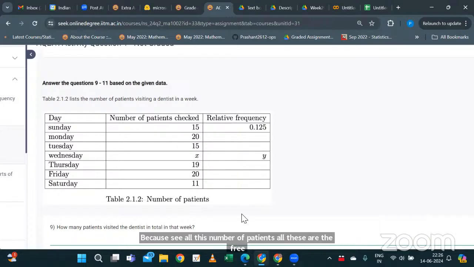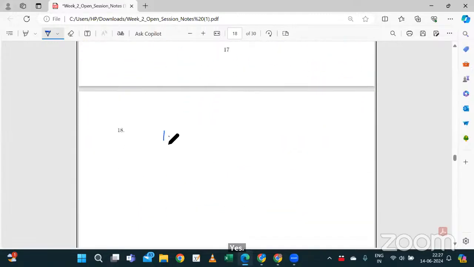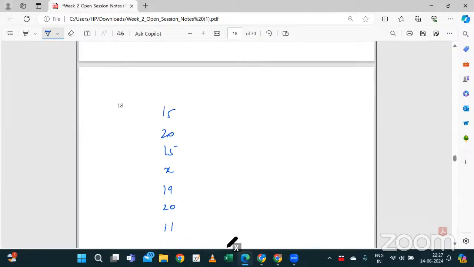Let me write so that I can explain clearly: 15, 20, 15, X, 19, 20, 11, 11. In front of X, the relative frequency is Y. This is the frequency, and this is the relative frequency, 0.125.